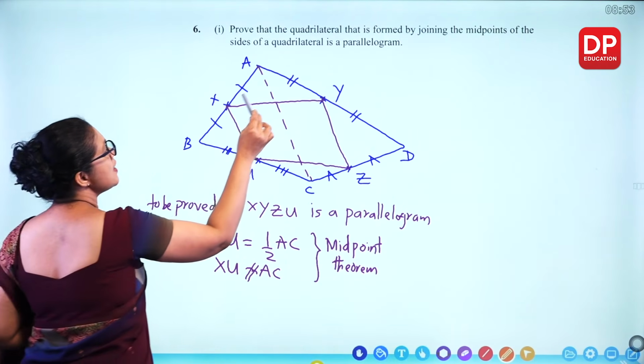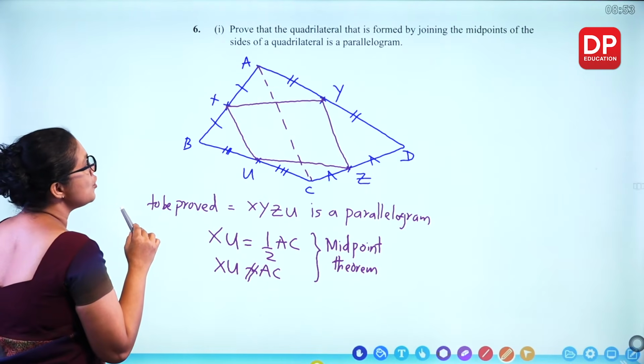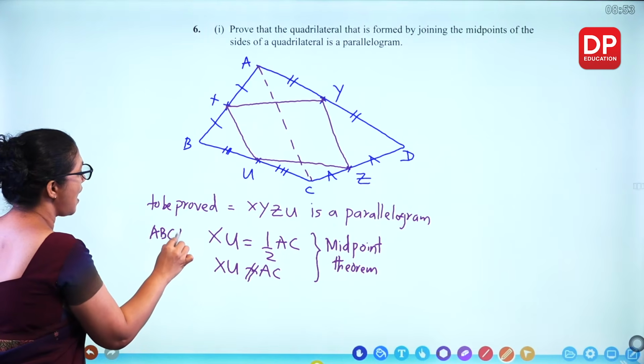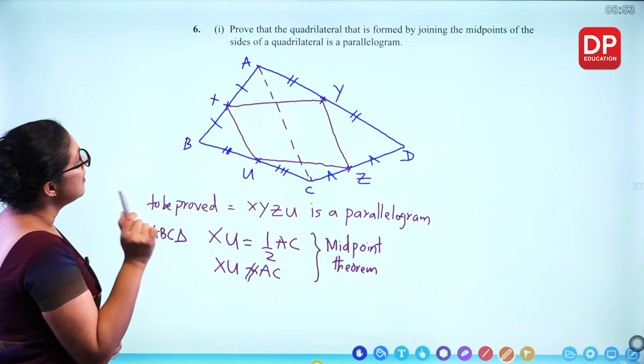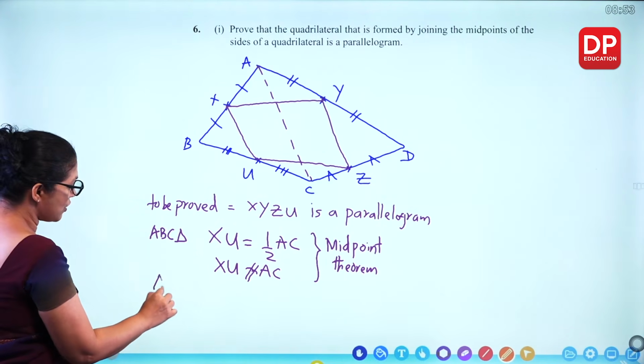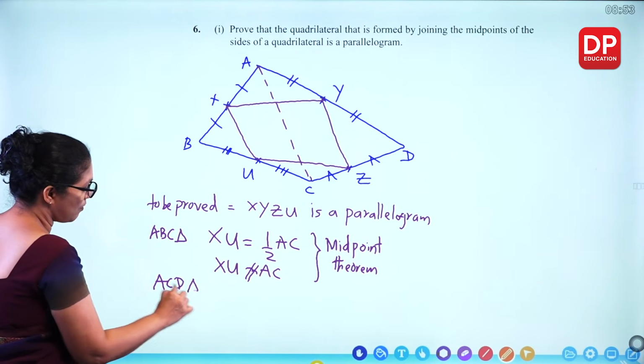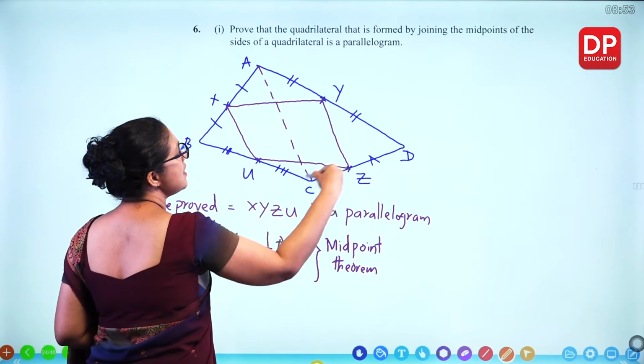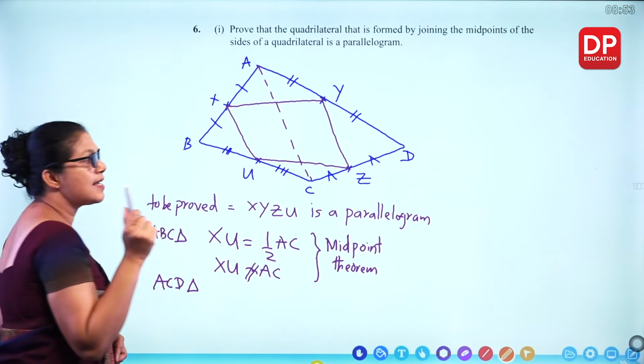So this line is parallel to this one, when you take ABC triangle. Now take the other side, ACD triangle. What can you say? When you take ACD triangle, again Y and Z are midpoints.